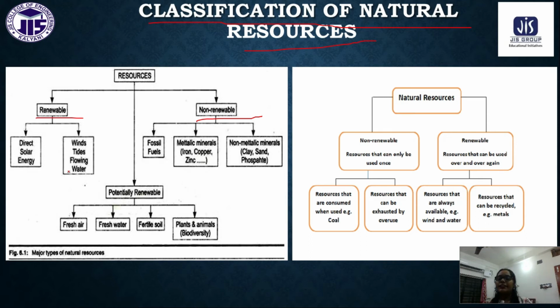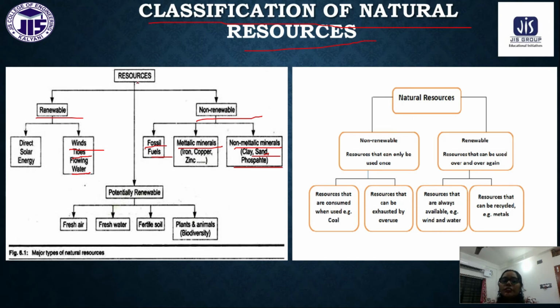One is direct solar energy, and the second is wind, tides, and water, which we can also use as renewable resources. Non-renewable resources include fossil fuels; metallic minerals like iron, copper, zinc, and all types of metals; and non-metallic minerals like clay, sand, and phosphate. So these are the three types of non-renewable resources.